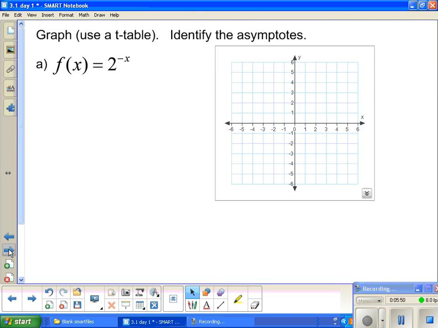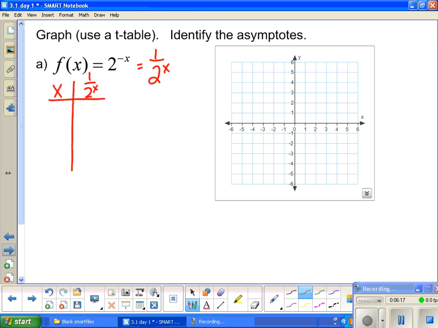All right, what about 2 to the negative x? Well, what does that mean? That is the same thing as 1 over, we want to make that exponent positive, so that's equal to the function 1 over 2 to the x. Let's go ahead and do our t-chart at 0 and 1.